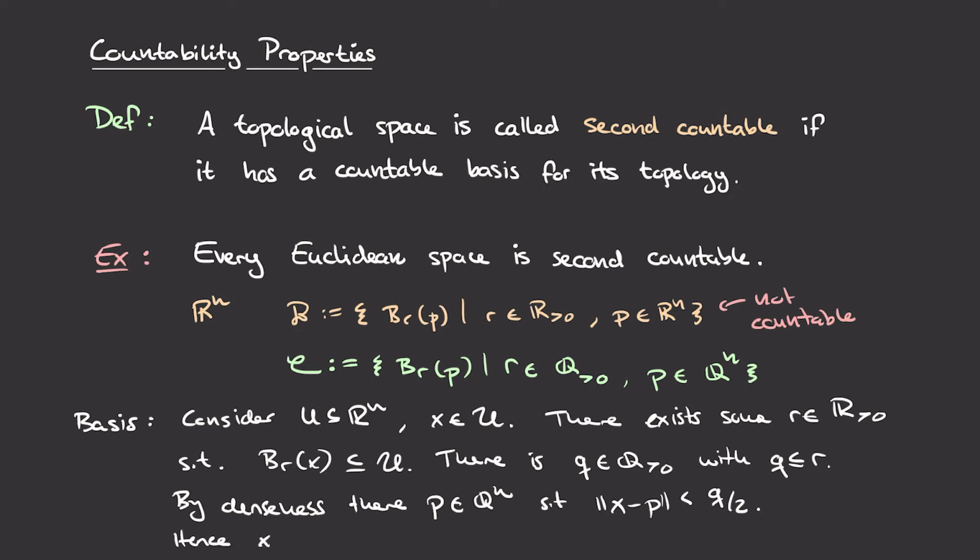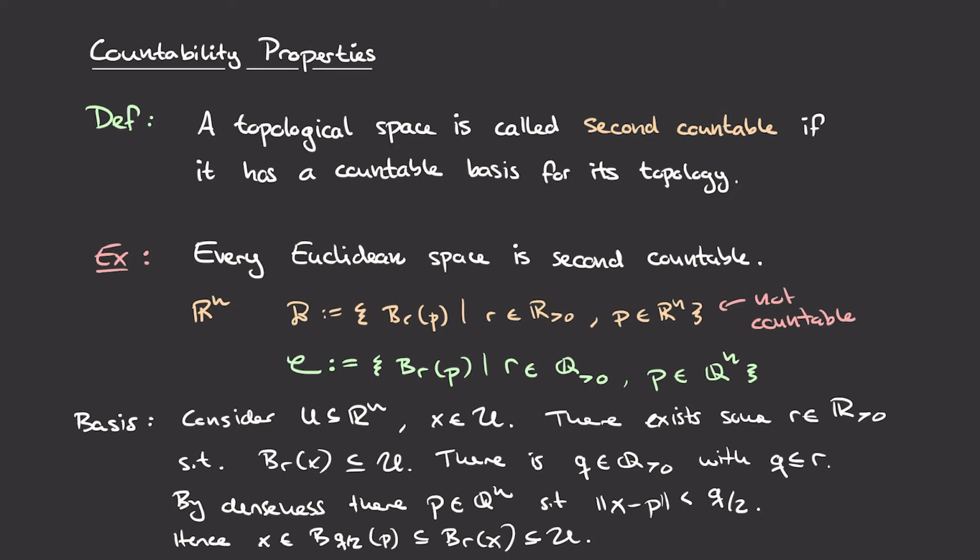Hence x lies within the open ball of radius q/2 around P, and this is in fact a subset of the open ball of radius r around the point x, which lies within U.